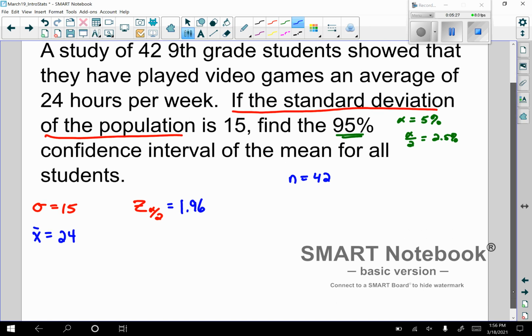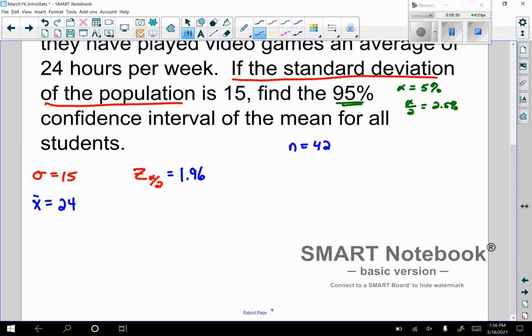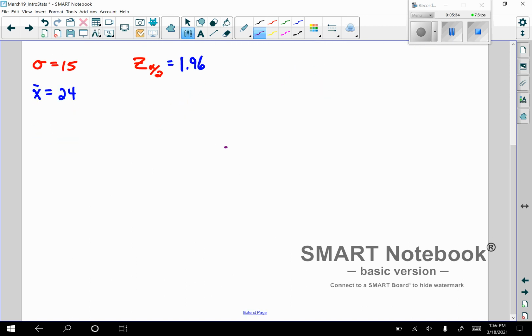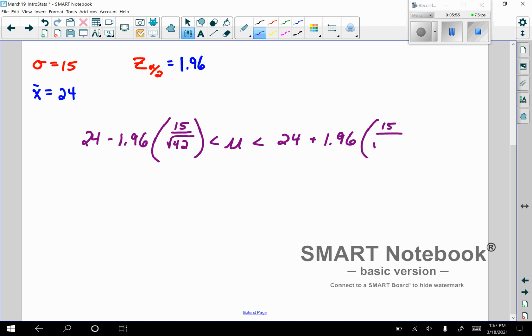So then we'll set up our interval using the formula. So this means mu is going to be between, we'll start with x bar, so we have 24 minus 1.96 times sigma 15 over the square root of n, so 42, and then on the other side 24 plus 1.96 times 15 over the square root of 42.